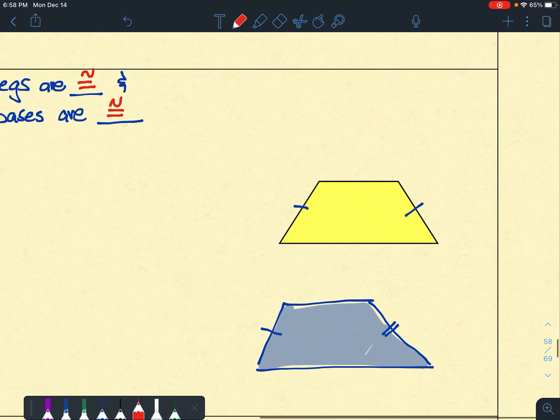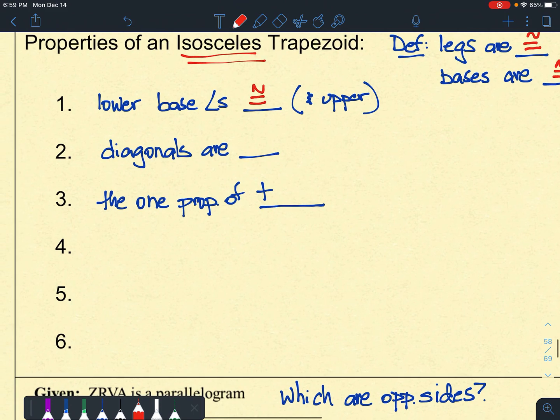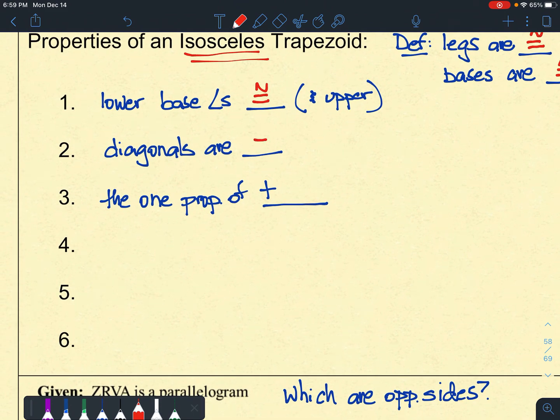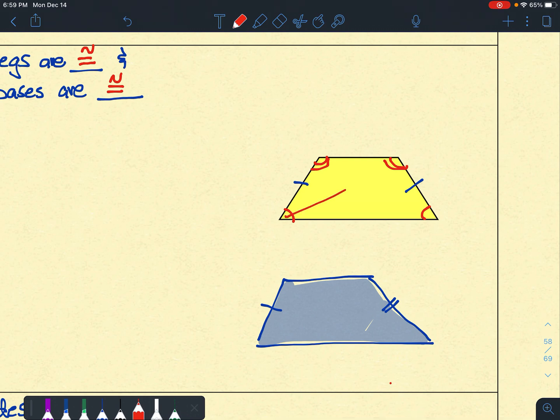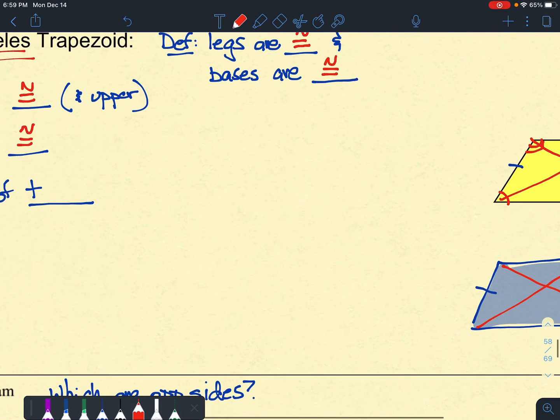All right, so if we come over and look at the diagram, we see that the lower base angles, as well as the upper base angles, are congruent. Diagonals are congruent, oddly enough, right? That distance and that distance are the same. Not so in a regular trapezoid, right? One could be longer.